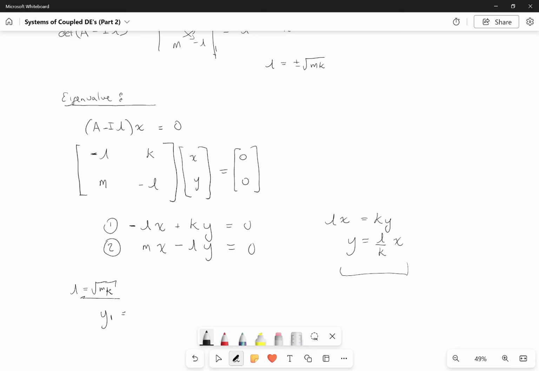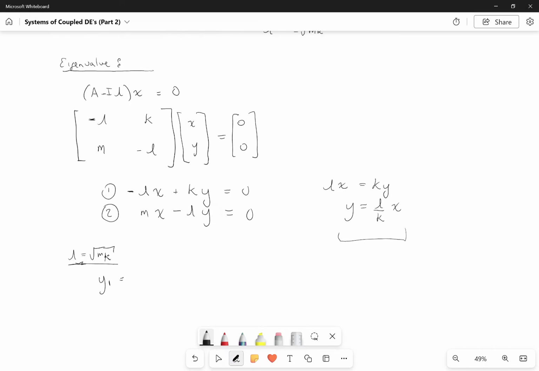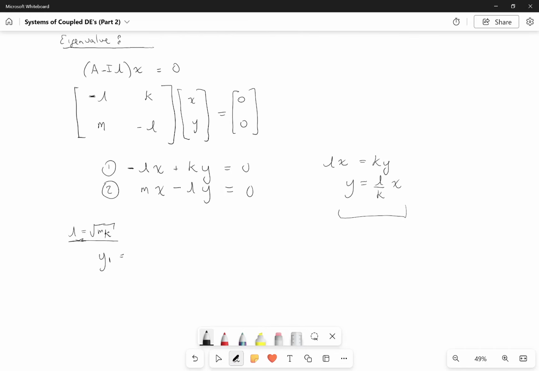Okay, that's our first one. And so what is the relationship between x and y? This column vector is what we're looking for. It's square root mk over k.